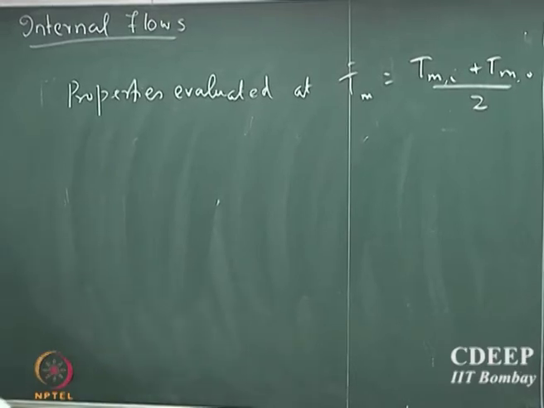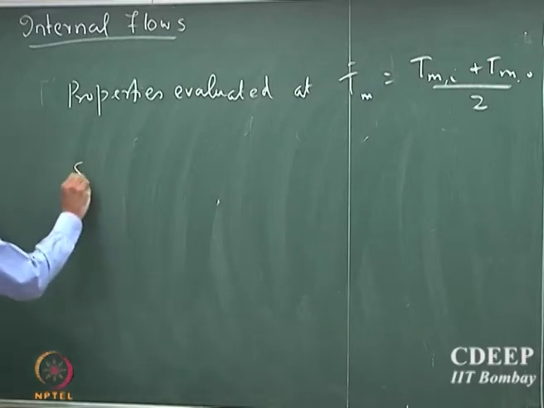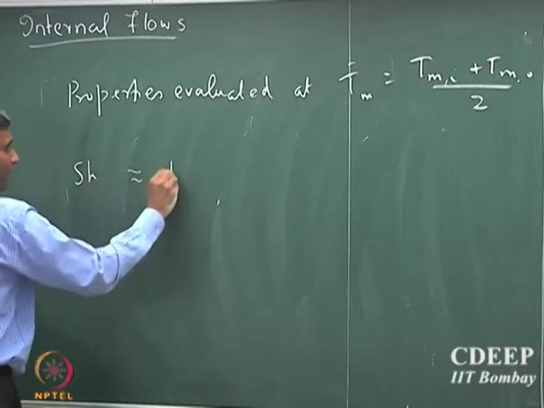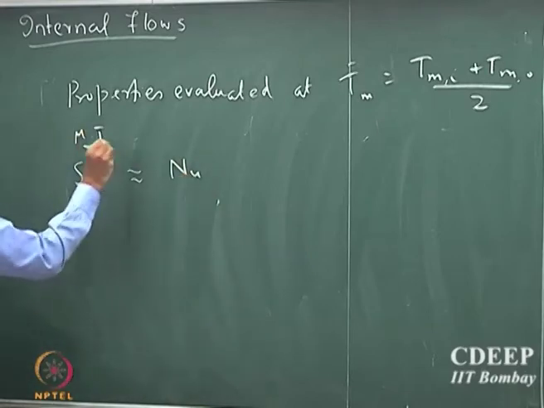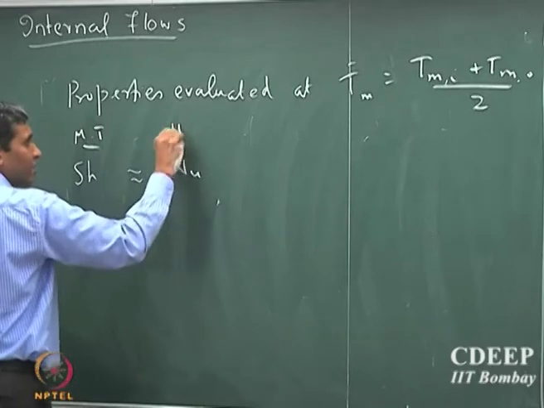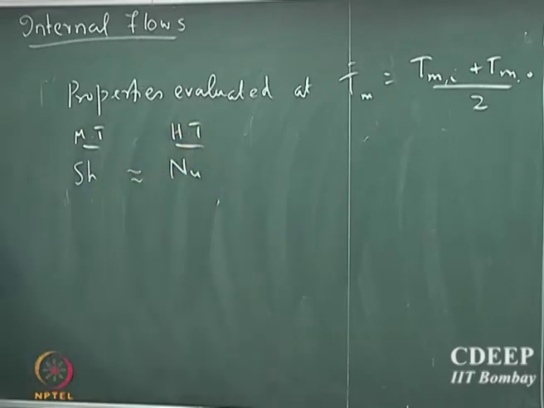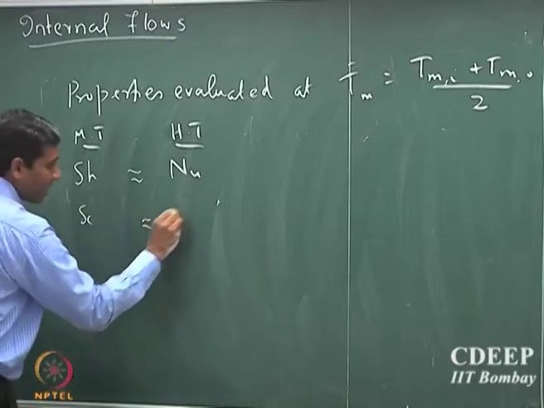Now, one could actually extend this to a mass transport problem. How do we extend this? By boundary layer analogy. Sherwood number is the equivalent of Nusselt number in heat transport, and Schmidt number and Prandtl number are equivalent.